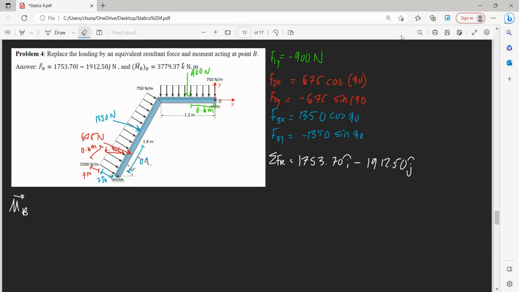So we're going to keep this in Cartesian form. So if we start with our 900, from our B2 there, that's negative x direction, so that's negative 0.6 i times 900j in our negative direction.